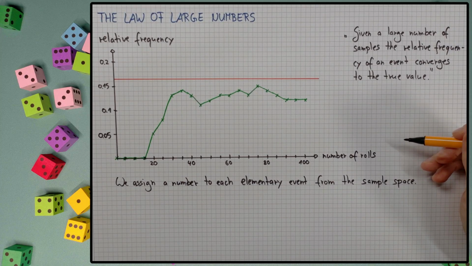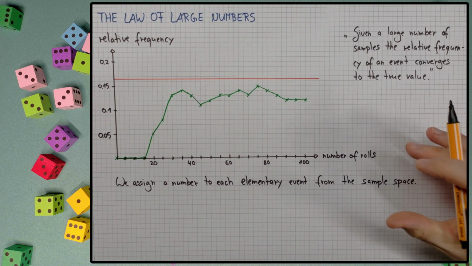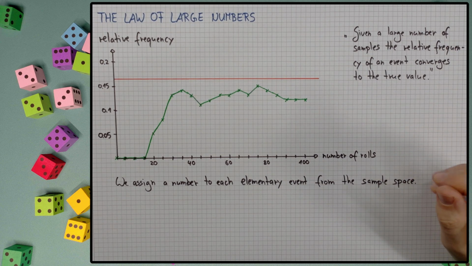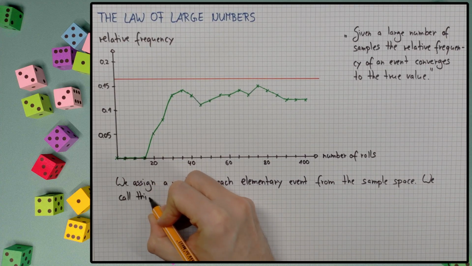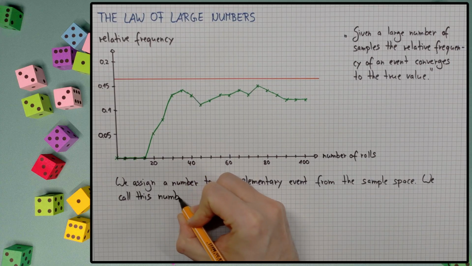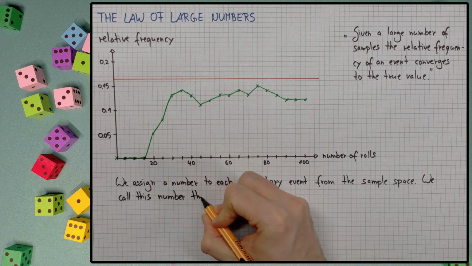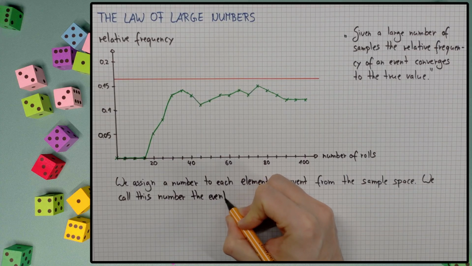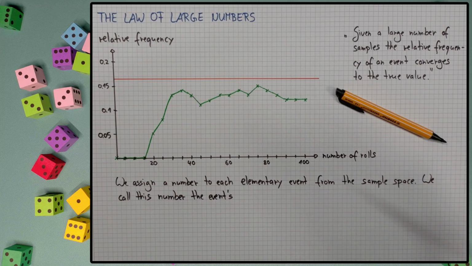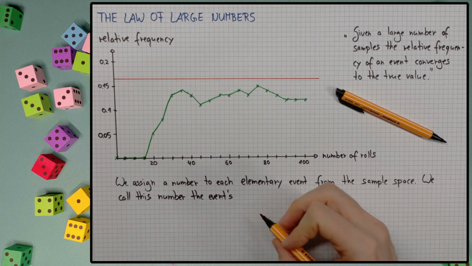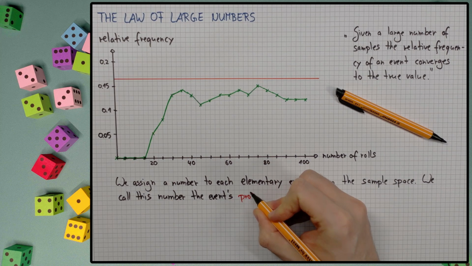And that is where the sample space comes in again. We're going to do that. Everyone will eventually do that for every event that can be found in the sample space. And that number is called the probability of said event.